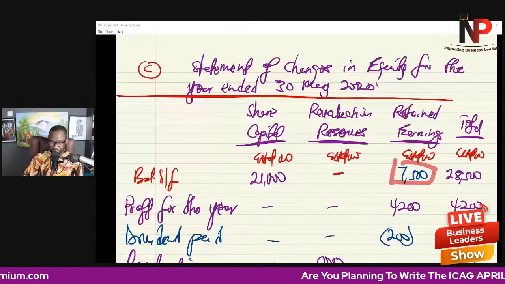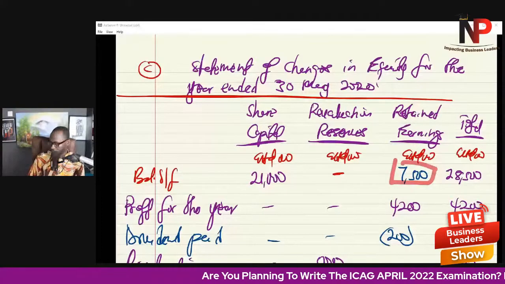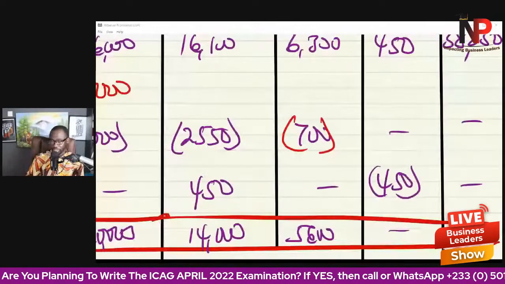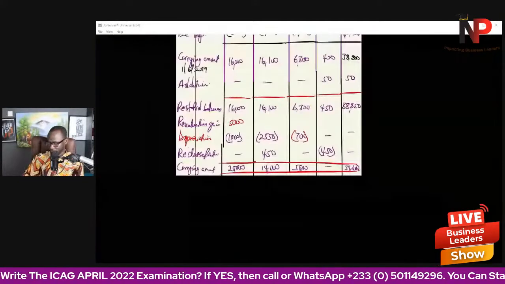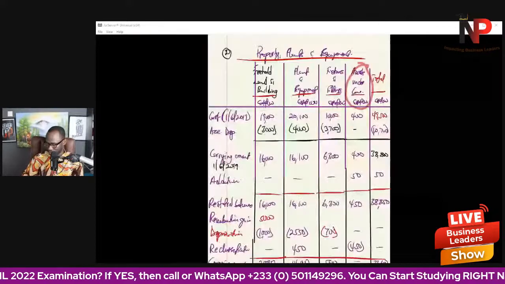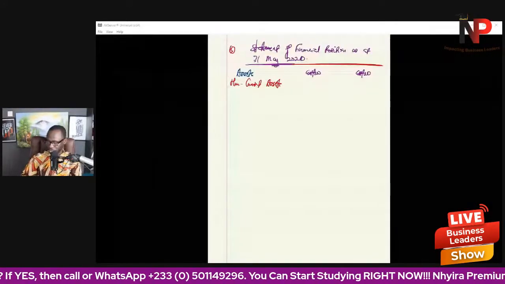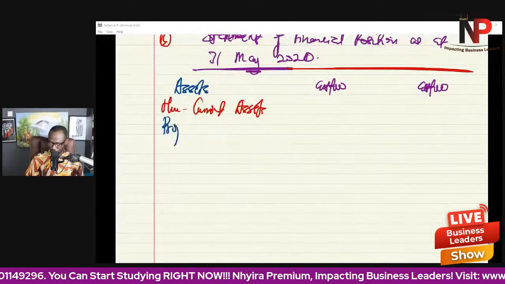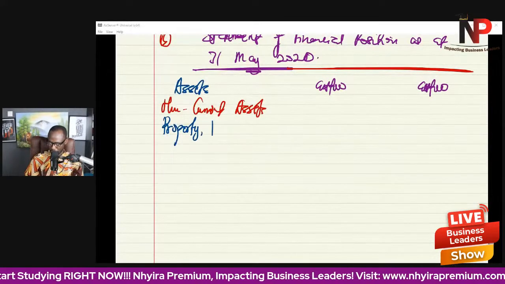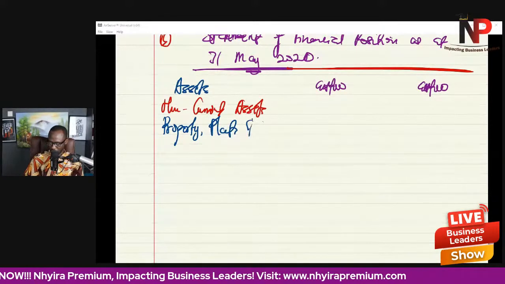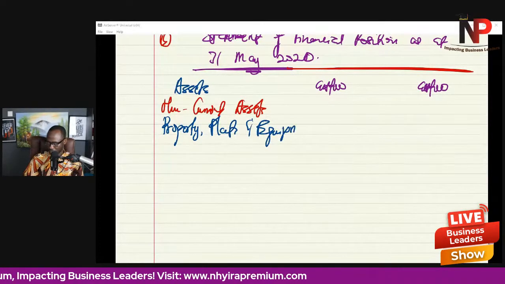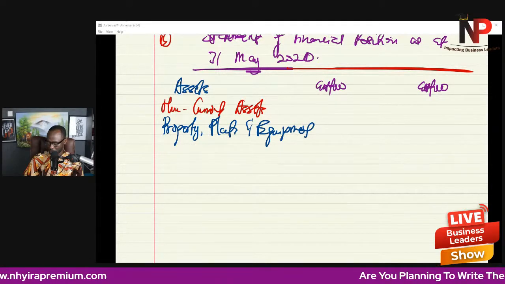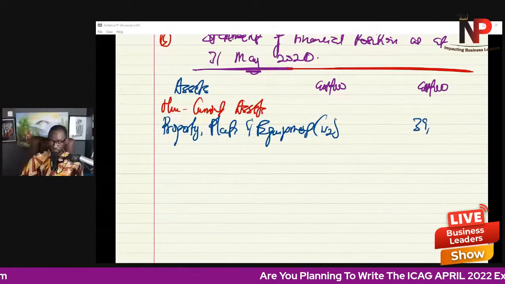Okay, there you go. So property, plant, and equipment, the total figure is 39,600. So we're going to pick that up. And that's from workings 2. So property, plant, and equipment, $39,600.